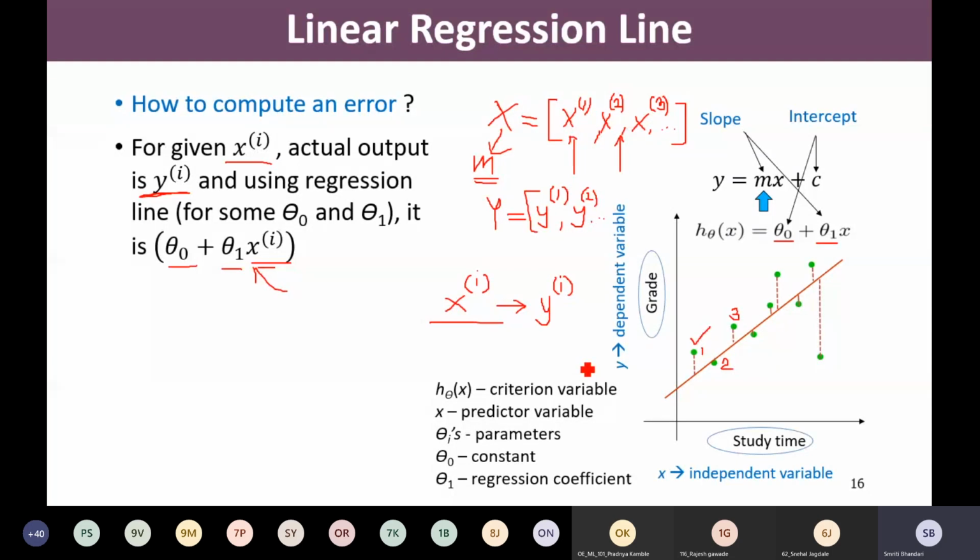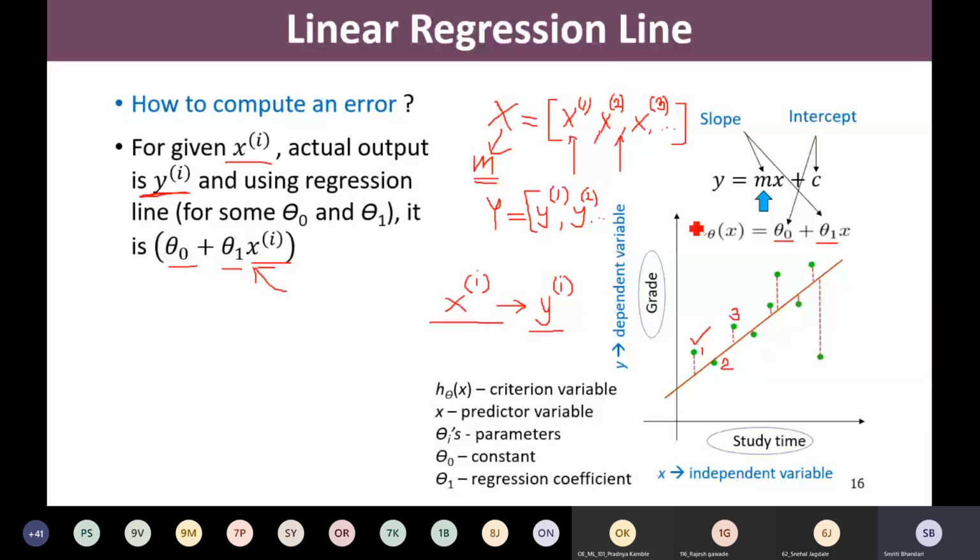So x superscript i denotes the input and y superscript i denotes the associated actual output. And now what we would like to do is come up with the predicted output. So how am I going to predict the output? I know the actual output and now I want to predict the output based on some hypothesis.